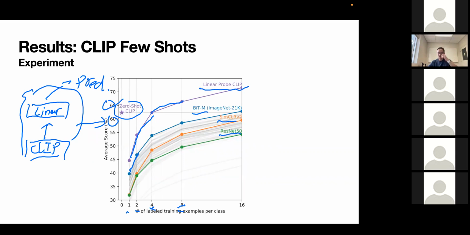And this may be because maybe 4 shot can just match the performance of 0 shot. Because if we have too little data, this data can be some noise for the model.